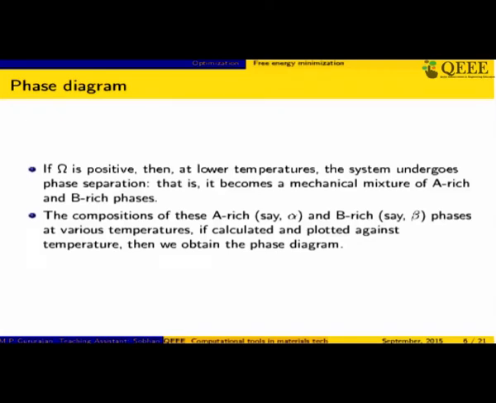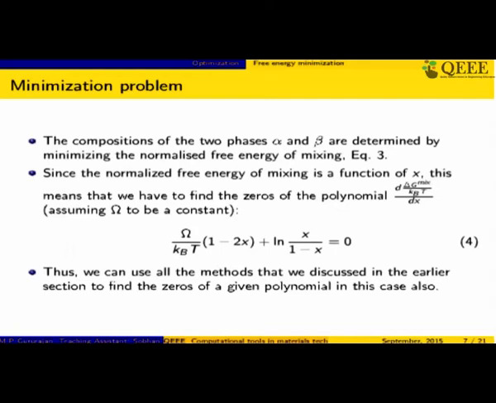Like I mentioned, if omega is positive, then at lower temperatures the system undergoes phase separation, so it becomes a mechanical mixture of A rich and B rich phases. If you calculate and plot the composition of these A rich and B rich phases at various temperatures, then we obtain what is known as the phase diagram. So the phase diagram computation is done.